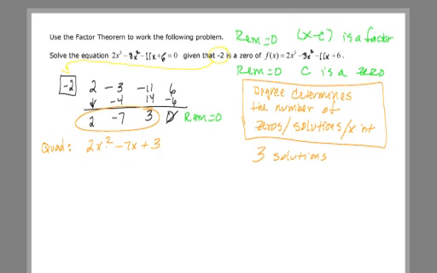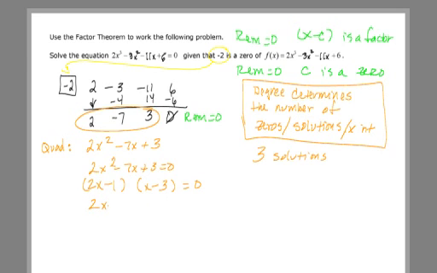So let's find the last 2. Notice the degree is 2. That tells me there's 2 more solutions hidden in here. Let's set that quadratic to 0. And I believe it's going to factor, let me check it out: 2x and x, 3 and 1, negative, negative. Let's see, that's a negative 6 and a negative 1, which is negative 7. Yep. And negative 1 times negative 3 is positive 3. Great.